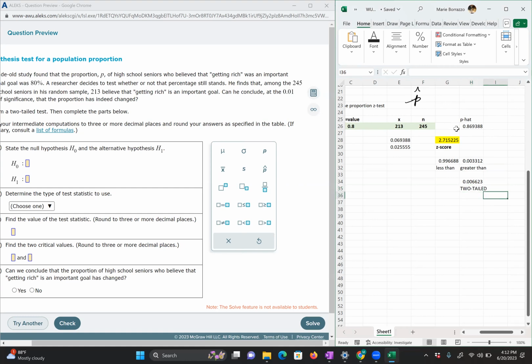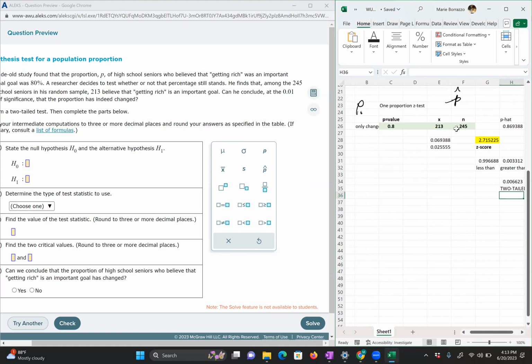All right, so I'm going to go ahead and run it on my calculator just to check my answers, because I never assume. So this would be 0.8. This would be 213 out of 245. Not equal to. And I'm going to draw it.